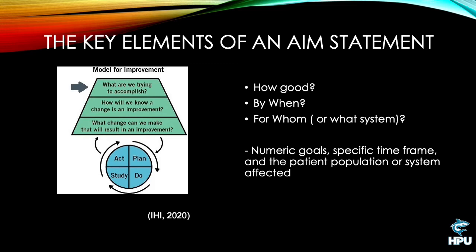However, if the statement is, I will weigh 160 pounds or less by February 1st, I'm going to run at least 10 miles per week by July 4th, this statement includes how good, by when, for whom.